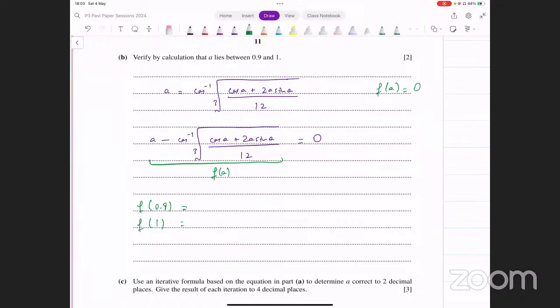If we put 0.9 here, let's see what we get at that point. 0.9 minus cos inverse of cube root of cos of 0.9 plus 2 into 0.9 into sine of 0.9, and then that whole thing divided by 12.